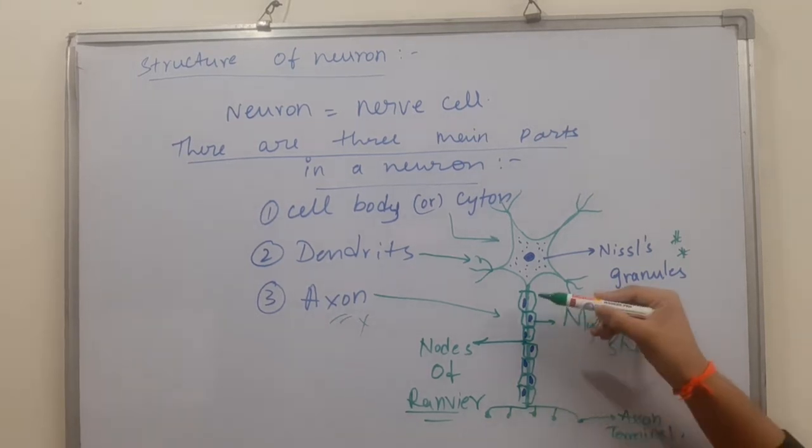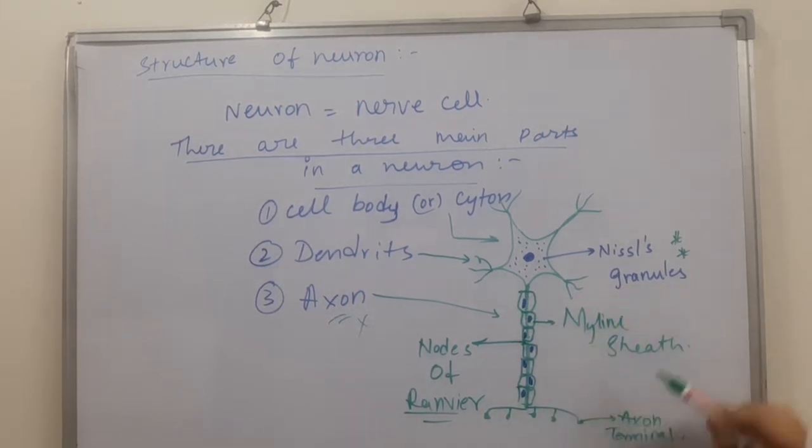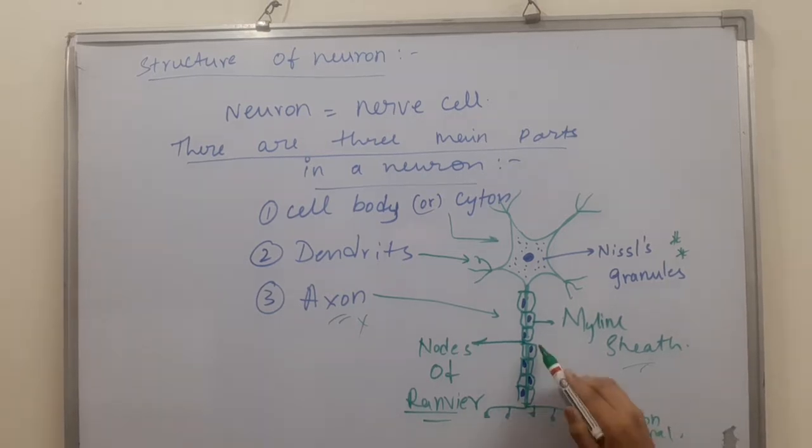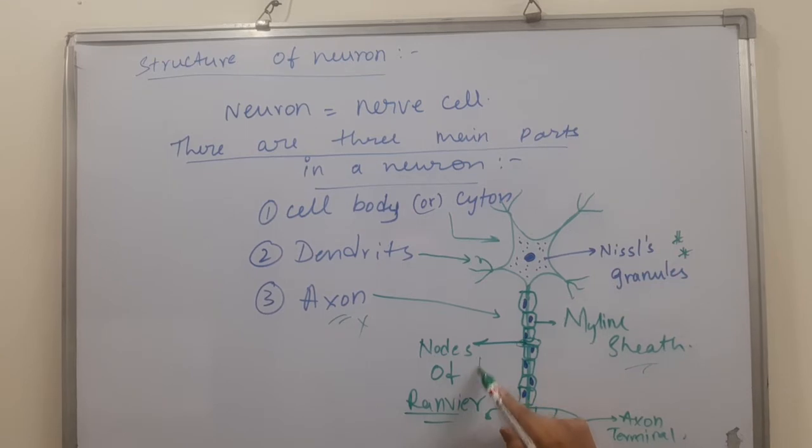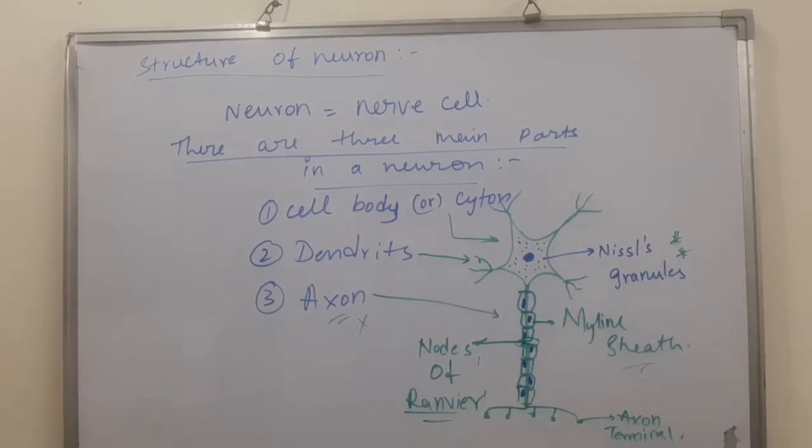Their function is to secrete the myelin sheath, and this myelin sheath helps in the faster conduction of nerve impulses. This myelin sheath is not continuous, it is discontinuous with gaps between it, and these gaps are called nodes of Ranvier. So make a note of all this, this is very important.